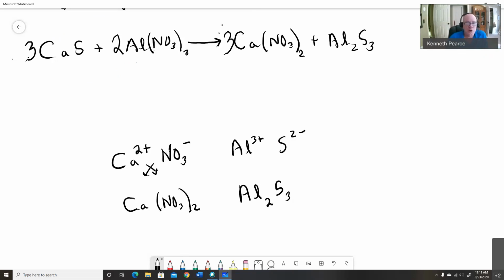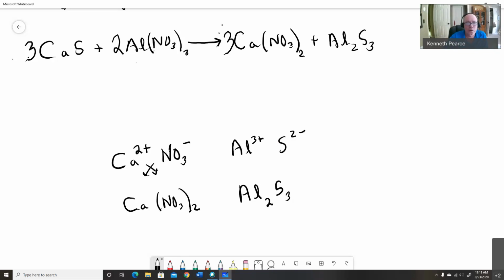But we should always check and make sure that the equation is balanced. So I look over here on the left hand side with the calcium sulfide. I see I have 3 calciums. On the right hand side I see 3 calciums. I see 3 sulfurs on the left hand side, and over in the aluminum sulfide there's 3 sulfurs. And I see I have 2 aluminums on the left, I have 2 aluminums on the right, and I have 2 times 3 in the parentheses on the left hand side with the aluminum nitrate.